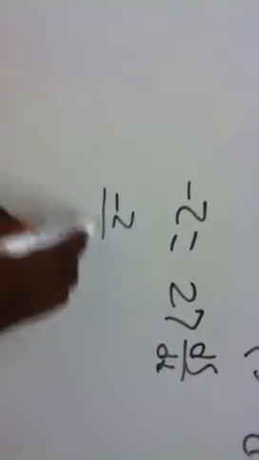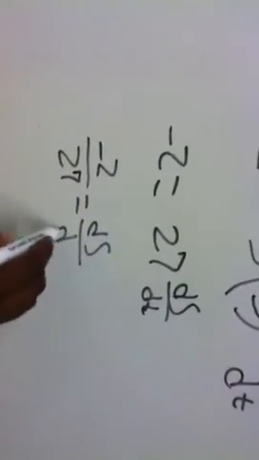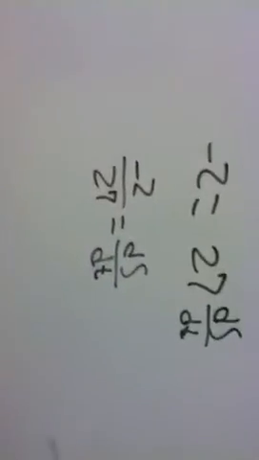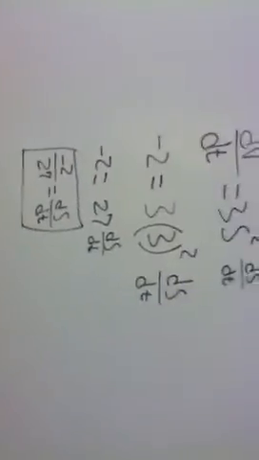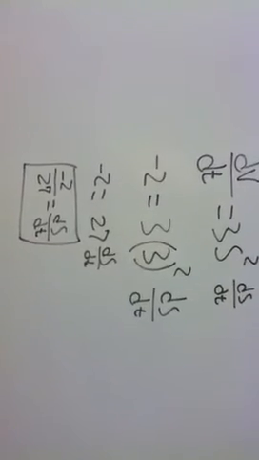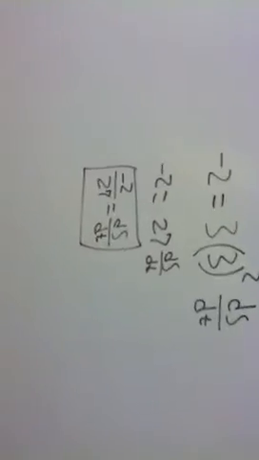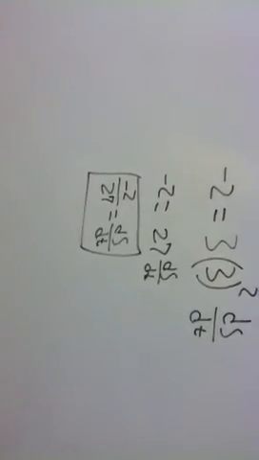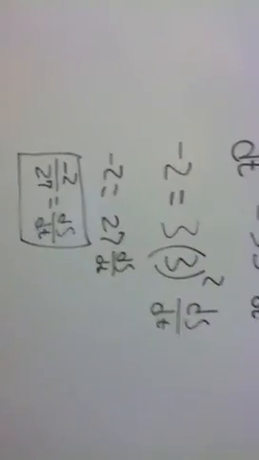So we have negative 2 over 27 equals ds dt, and that would be our final answer. Basically what this tells us is that the rate of change of each side, as the volume is decreasing at a rate of negative 2 cubic meters per minute, is negative 2 over 27, which makes sense. And that is related rates in a nutshell.